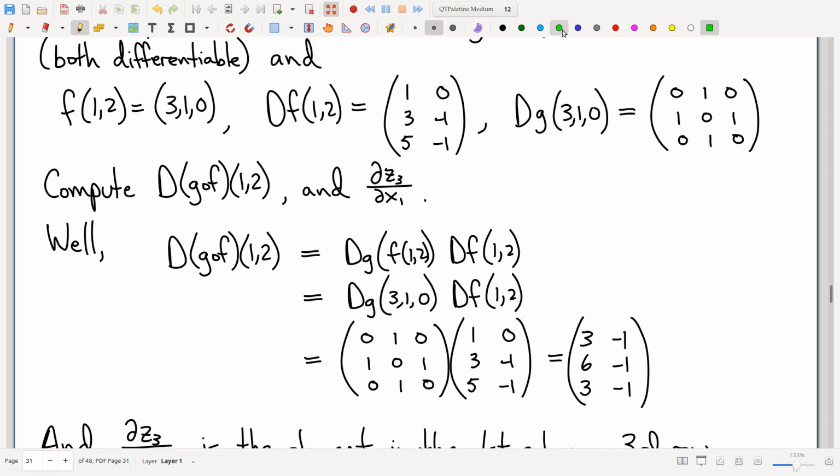Notice the derivative of the composition is evaluated at the point 1, 2. The derivative of f is evaluated at the point 1, 2. The derivative of g is evaluated, not at the point 1, 2. It's evaluated at the point f of 1, 2. What's going on with that? Wouldn't we want to evaluate all these functions in the same place? At a casual, quick glance, you would think so.